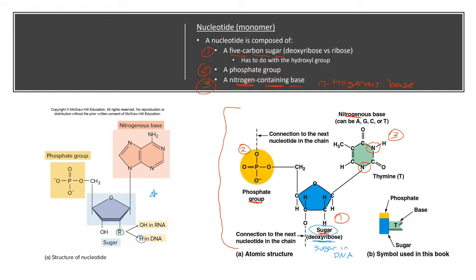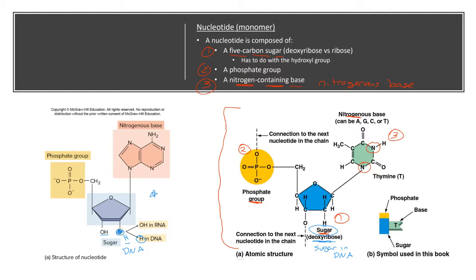So if this were a DNA sugar, this would be a hydrogen. Simple as that. Deoxyribose, the sugar is going to have an OH and an H. That is a DNA sugar, a deoxyribose.